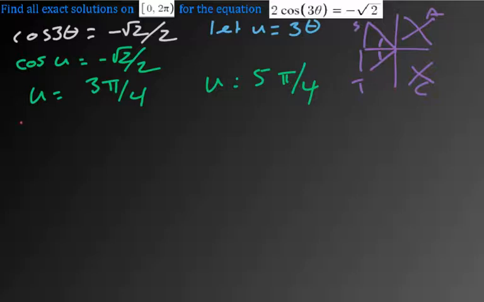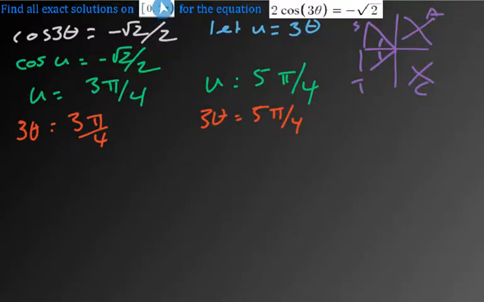So 3 theta equals 3 pi over 4, or 3 theta equals 5 pi over 4. But you should be careful, and I'm going to do this in a different color.